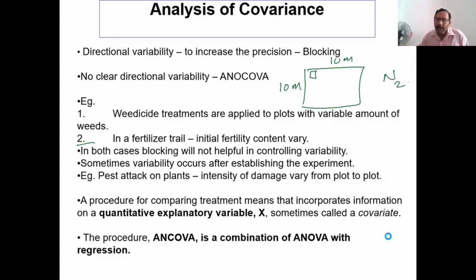I am looking at N in this area, nitrogen in this, nitrogen in this. It is a flat land, right? Let's say A, B, C, D, E, F. Can you tell which one has more nitrogen, which one has less nitrogen visually?